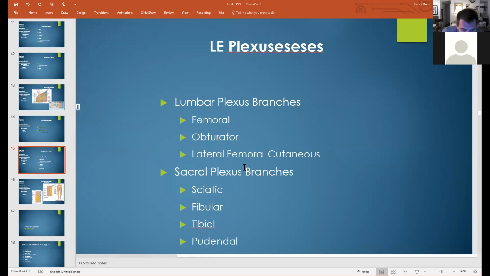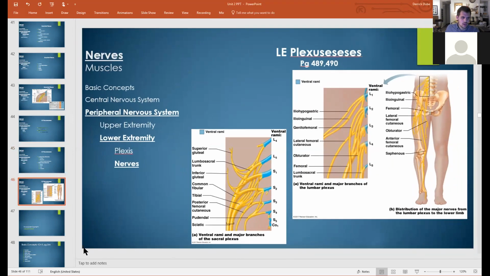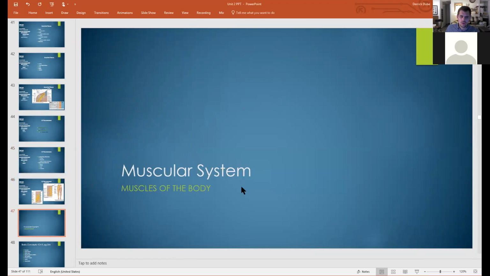Your pudendal nerve is the one that essentially innervates your groin area. So simply put, you'll look for one that goes off to the sacral basin on the inside. Again, I'll post the image for that. I think with that, we'll cover the muscular system next week.